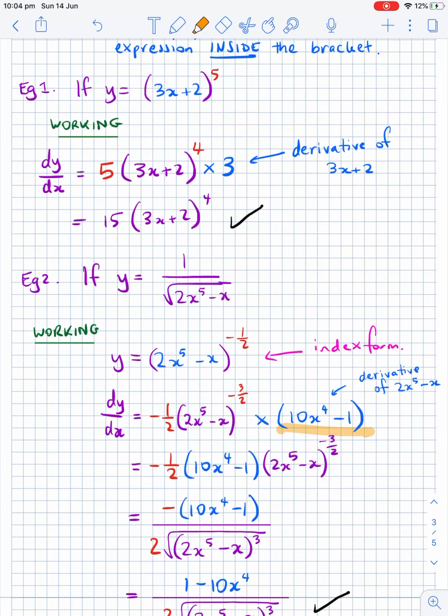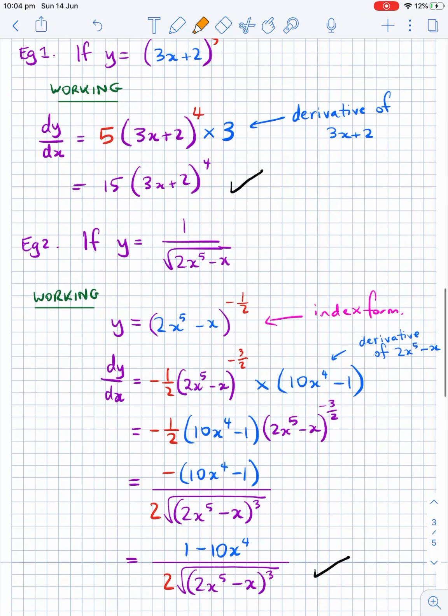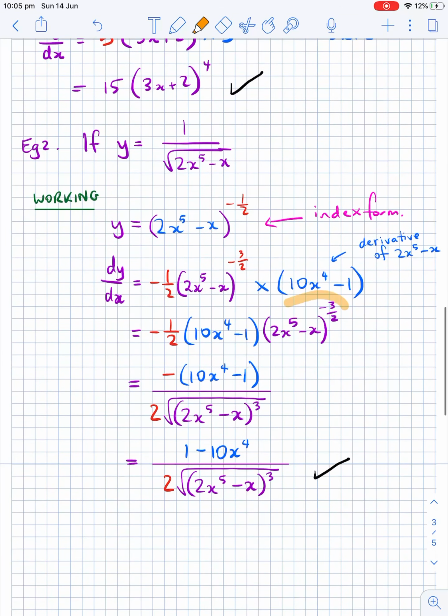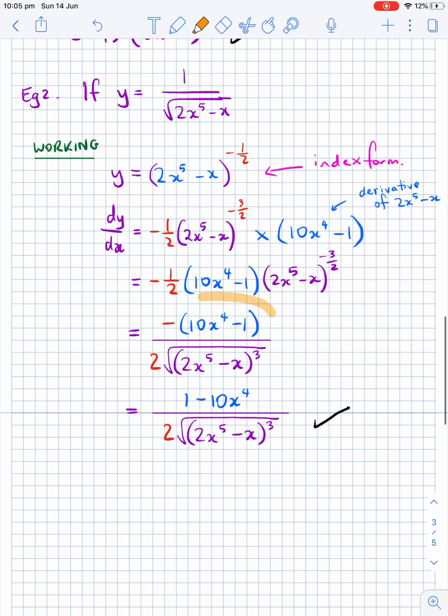We like to have these nice simple brackets come more to the front, so it's going to just become behind this -1/2. This thing here, -3 over 2, that definitely has to go to the denominator and has to become a square root. And that 3 is going to still power those multiple terms, and we get this expression here.